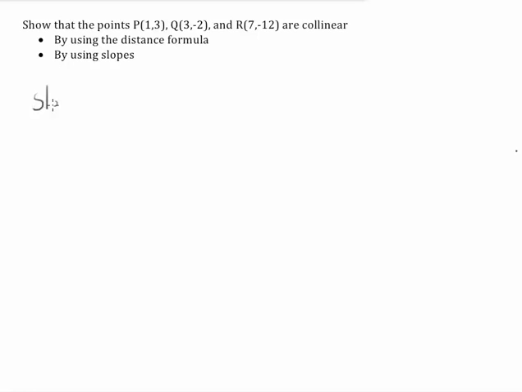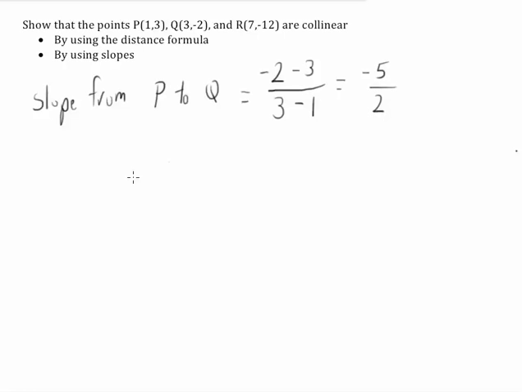So slope from P to Q. So we want the difference in the y-coordinates, minus 2 minus 3, over the difference in the x-coordinates, 3 minus 1. Look there, there's a y, negative 2, it goes with that x, positive 3. And there's 3, it goes with 1. What do we get here? Negative 5 halves.